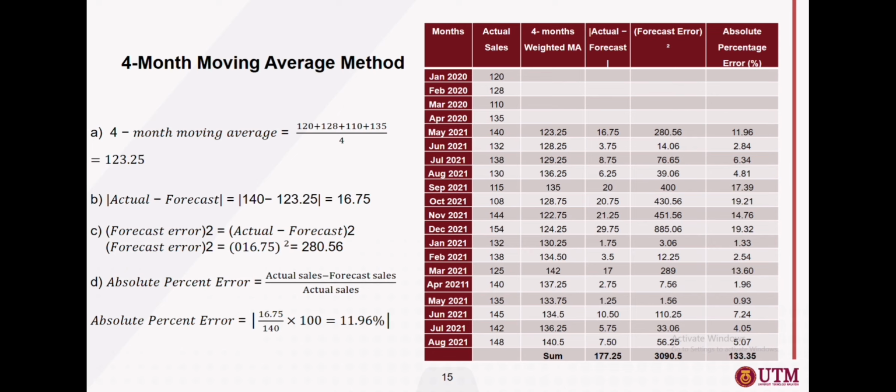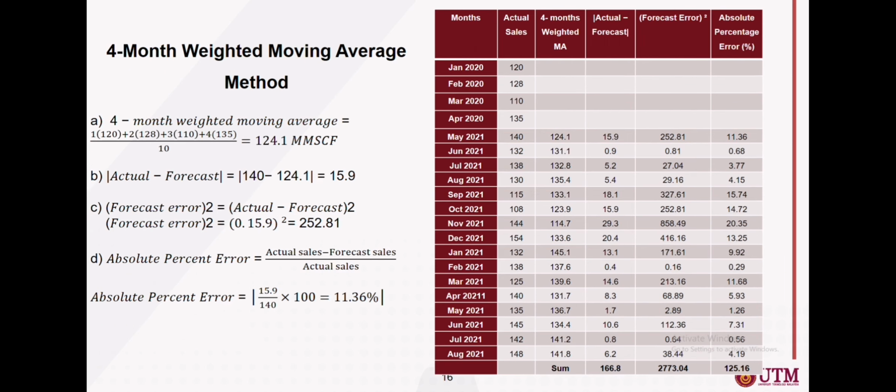The moving average was 123.25, the actual to forecast result was 16.75, the forecasting error was 218.56, and the absolute percentage error was 11.96 percent.